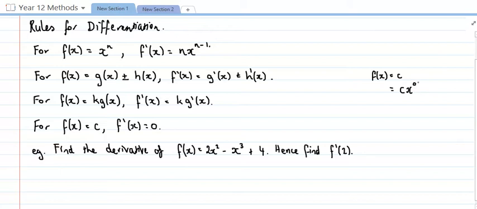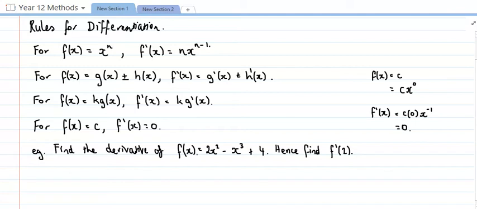And applying the rule here, we move the power down to the front and decrease the power by 1, so f dash x would become c times 0 times x to the power of negative 1. But because it's all being multiplied by 0, it's just equal to 0. And the thing is that we're never going to be able to dig ourselves out of this because we'll keep on multiplying 0 by something. So that's the reason that happens.